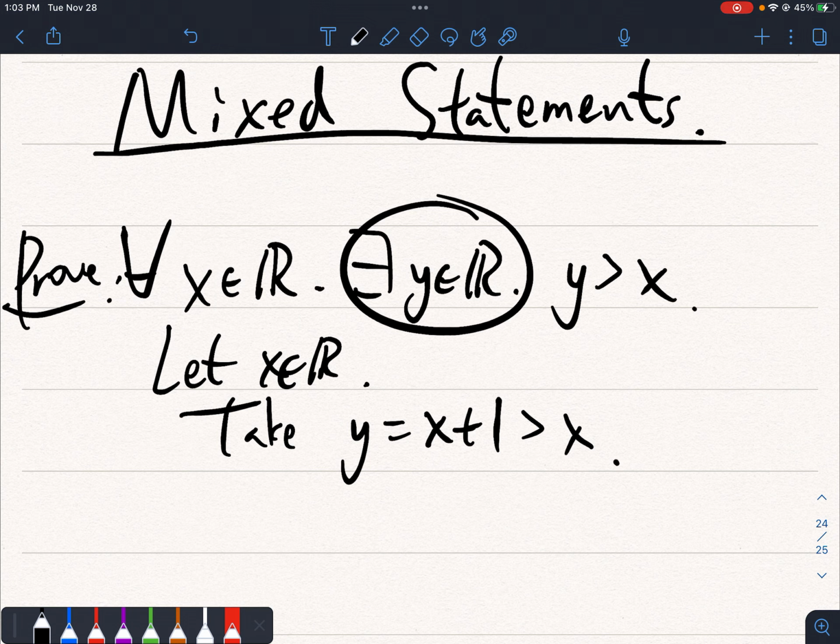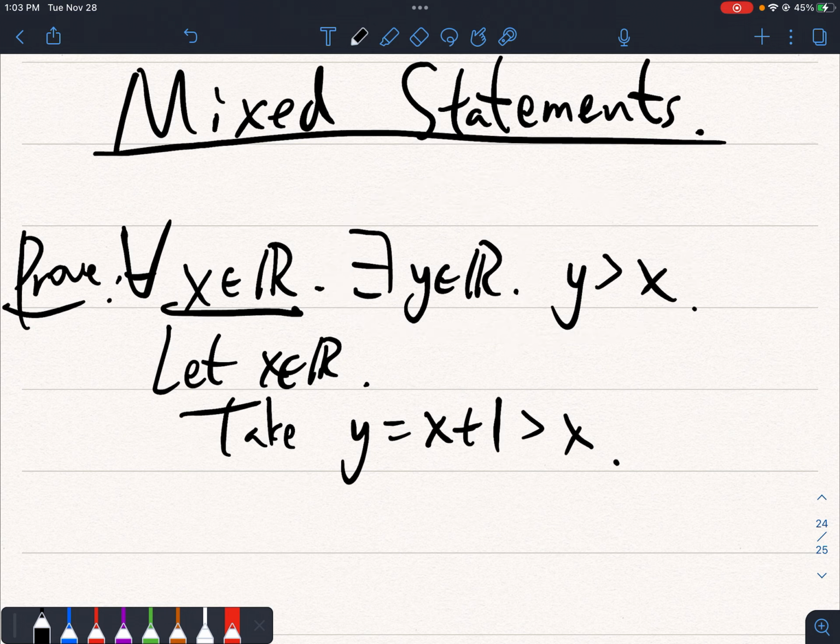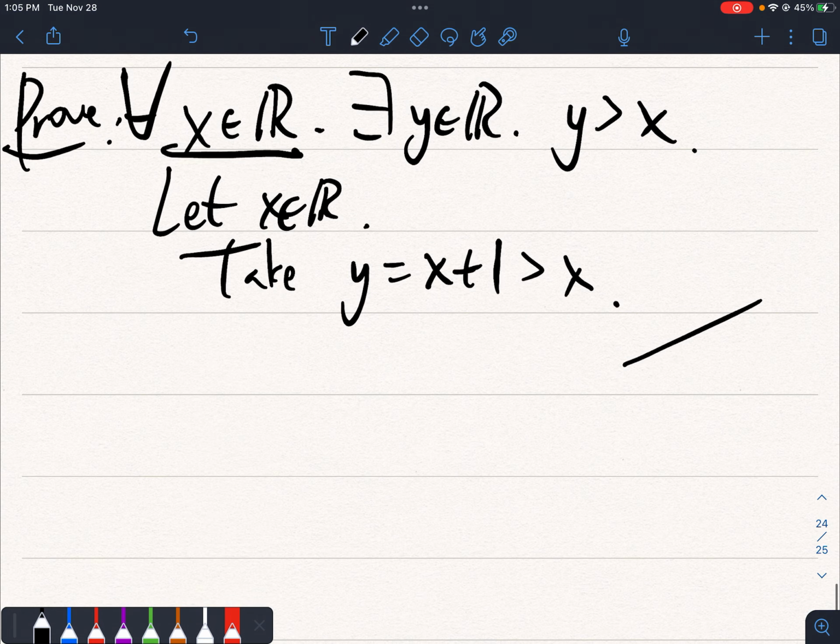So y can be dependent on x, right? Because this statement is a statement on x. After you let x in R, this x is a fixed number, which means you can use this x. You can introduce this x in the definition of y, okay? After you pick, maybe you can call it y naught, but it doesn't matter. Then you win, okay? But if you change it slightly, then it will be false.